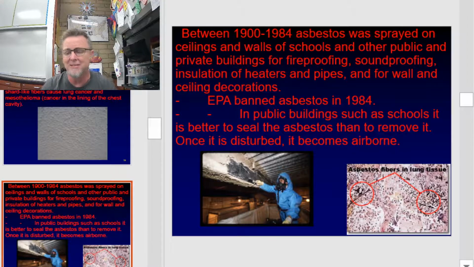So realistically, all the modern homes that we live in that were built from 1985 and on, no asbestos, because it's illegal. But if you're in a building that's got materials in it that were installed before 1985, like 1984 and back, then you've got to be careful with the asbestos stuff. Asbestos was banned in 1984.